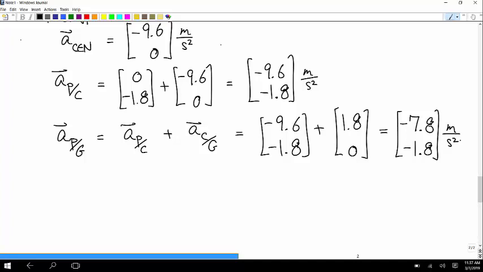But it's accelerating very little, because if you think about it, the Earth goes through one rotation every 24 hours, so 2 pi every 24 hours. Divide that out and you get a really, really small angular velocity. And that corresponds to a low acceleration at the surface of the Earth.